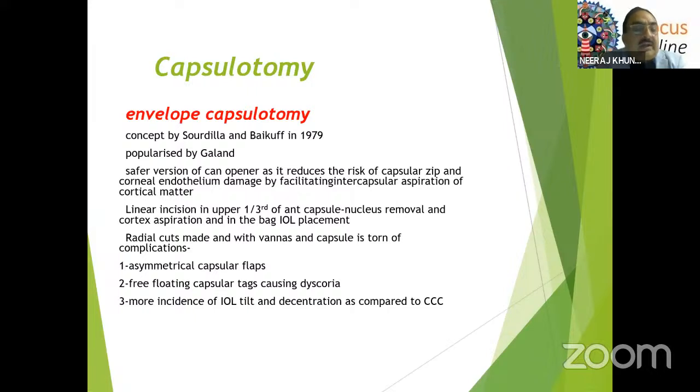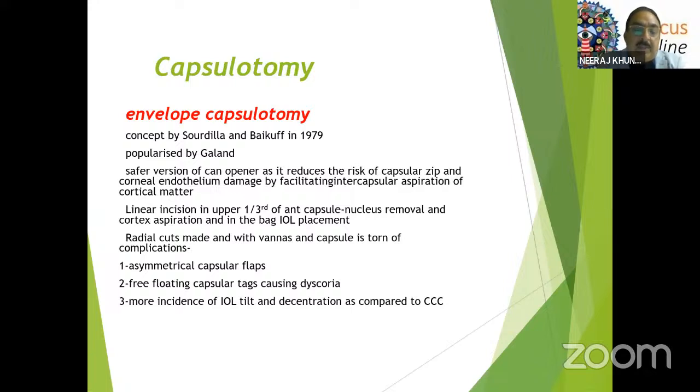Then there was a technique by the name envelope capsulotomy. This concept was by Sordilla and Bykov in 1979. It was popularized by Galland. It was a safer version of can opener as it reduces the risk of capsular zip and corneal endothelium damage by facilitating intercapsular aspiration of cortical matter.